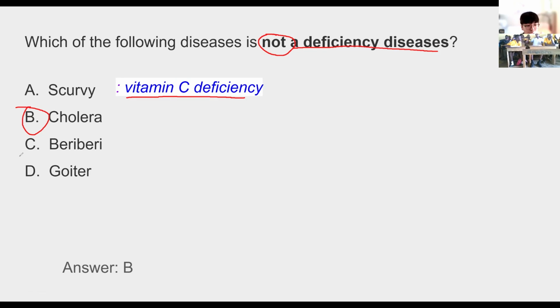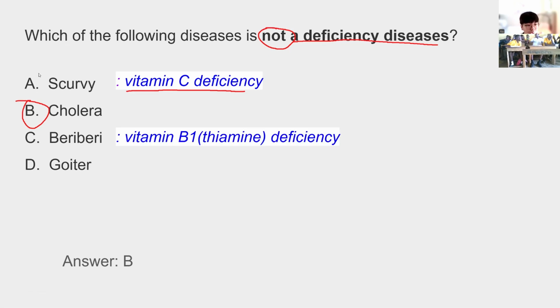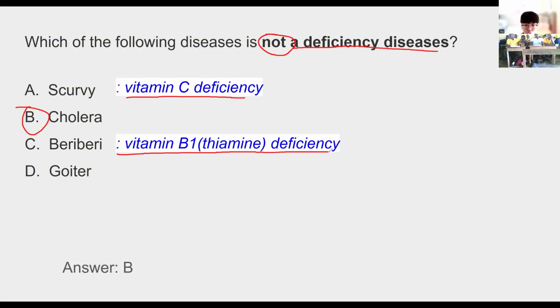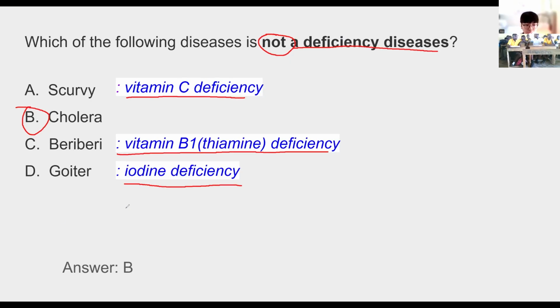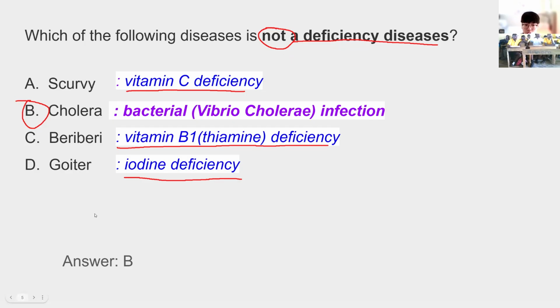Beriberi is a vitamin B1 deficiency, a specific vitamin B deficiency, so it's also a form of deficiency disease. And goiter, the last one, is caused by iodine deficiency. It's only cholera that is not a deficiency. It's a bacterial, infectious disease.